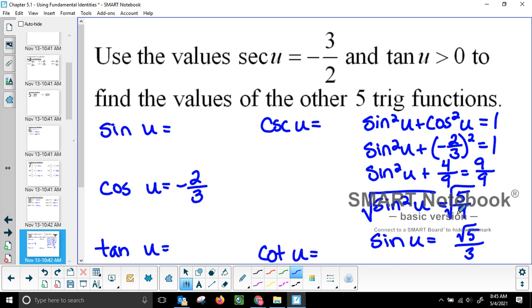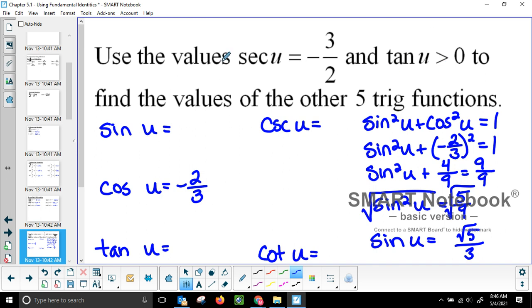Now when you take a square root of something, it's technically plus or minus, right? So we have to determine, are we going to use the positive or negative root? Well, it tells me here secant, which means cosine, is negative, but tangent is positive.